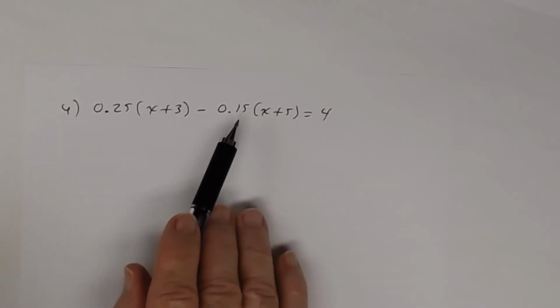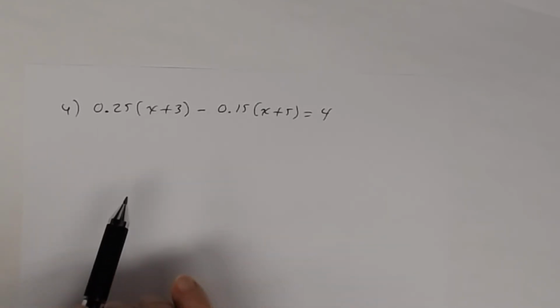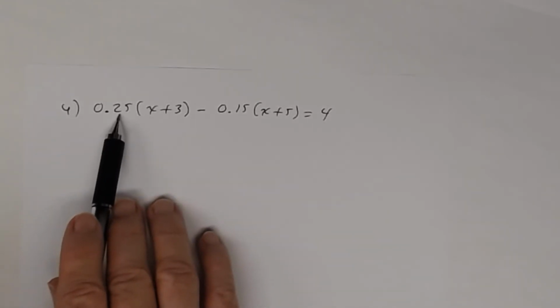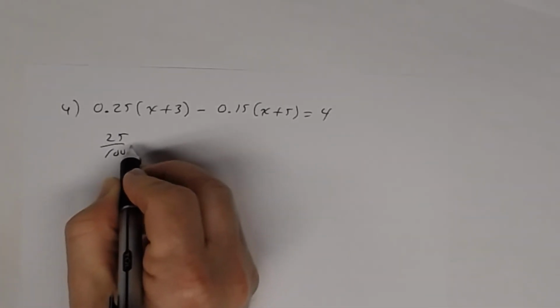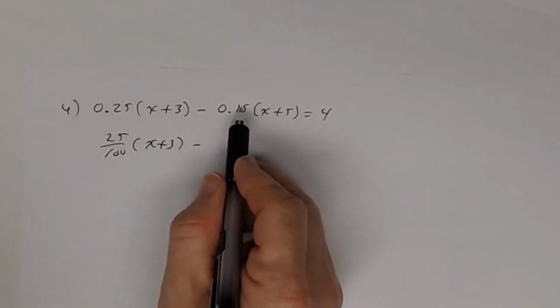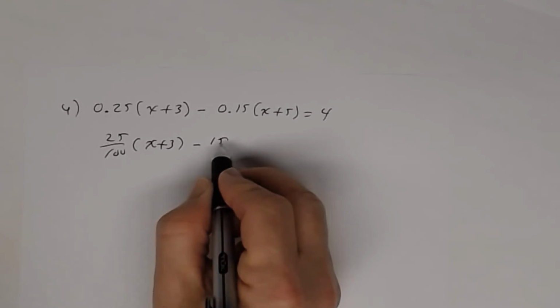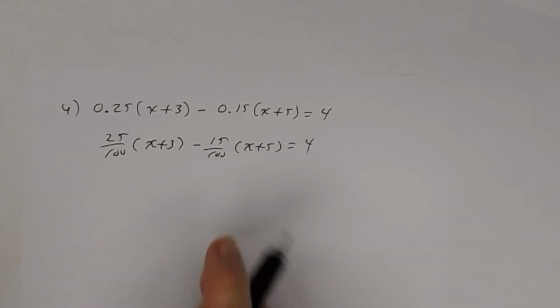The way I want you to do this is, first of all, we're going to change all these decimals to fractions. So 0.25, remember, that means 25 hundredths. So let's write this as 25 hundredths times x plus 3, minus 15 hundredths times x plus 5, equals 4.